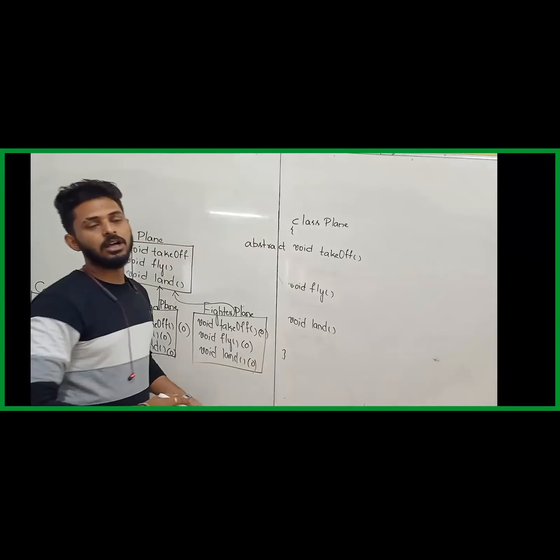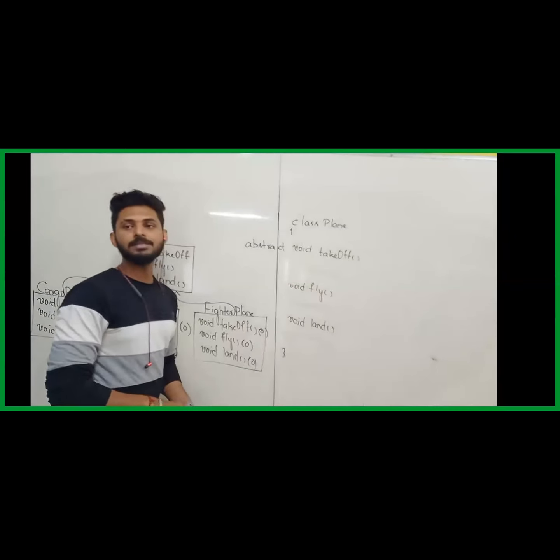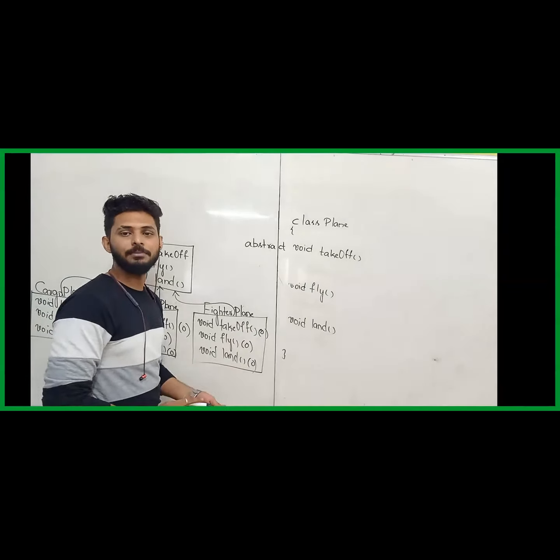Next the question is, sir, what do you mean by abstract? If I make any method abstract, what will happen? There are two topics in the same concept, so please listen carefully. What do you mean by an abstract method? Abstract methods are those methods which do not have any body, or we can technically call it implementation.